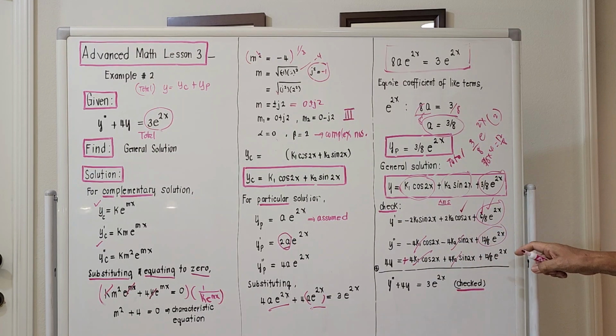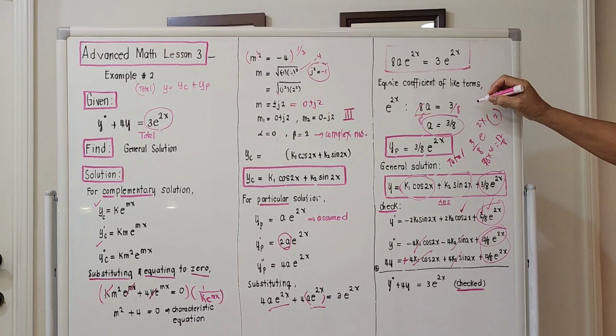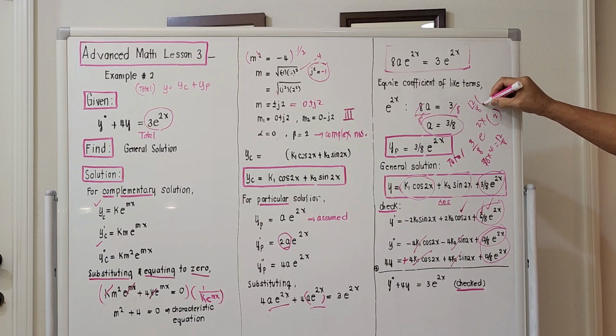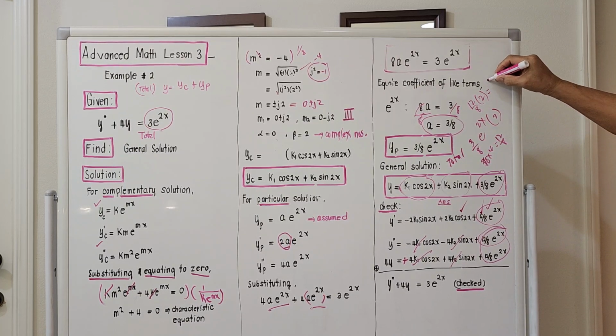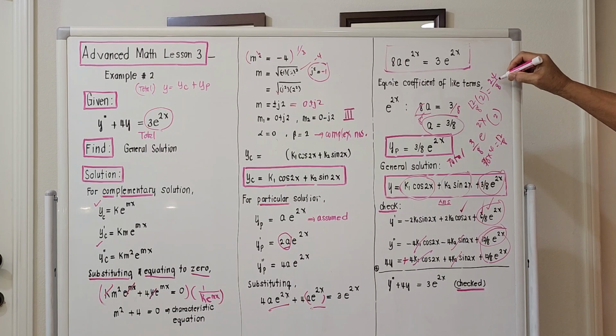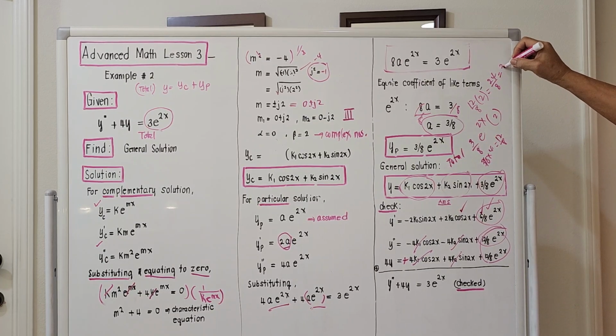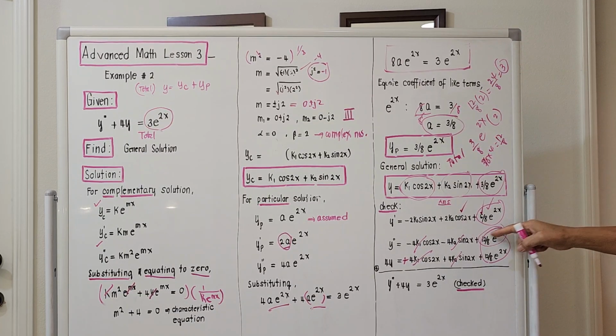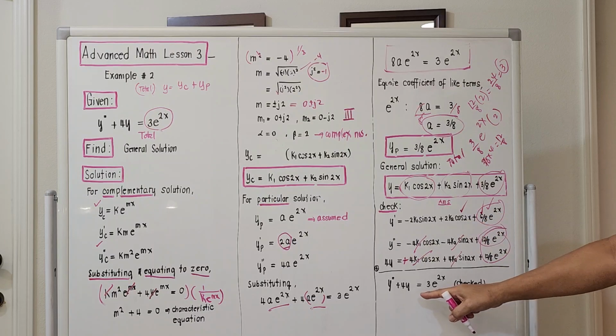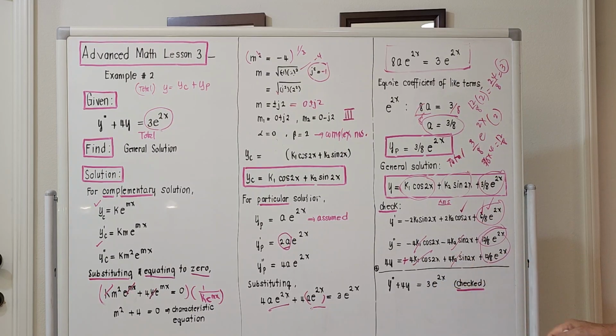But the two terms are actually similar and the coefficients are similar. 12 over 8 plus 12 over 8 will be equal to 24 over 8. 24 over 8 is actually 3. So if we add this one, the coefficient will be 3 times e to the 2x.